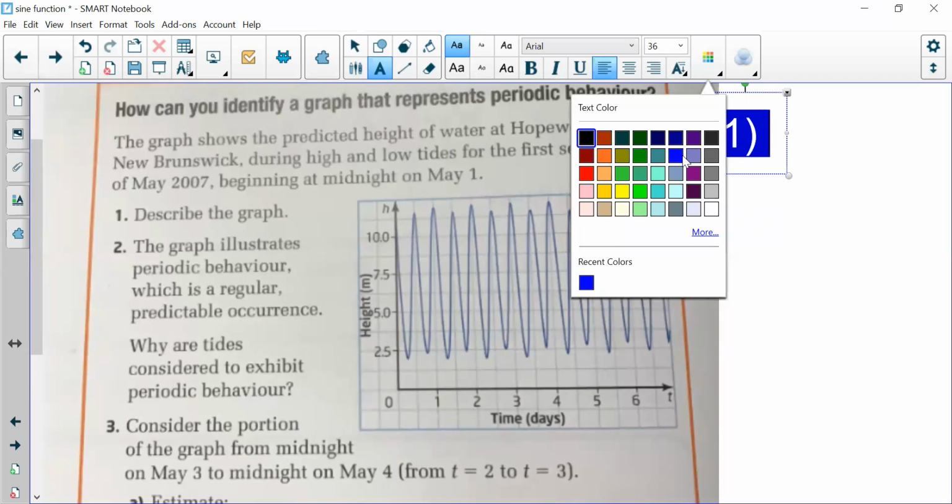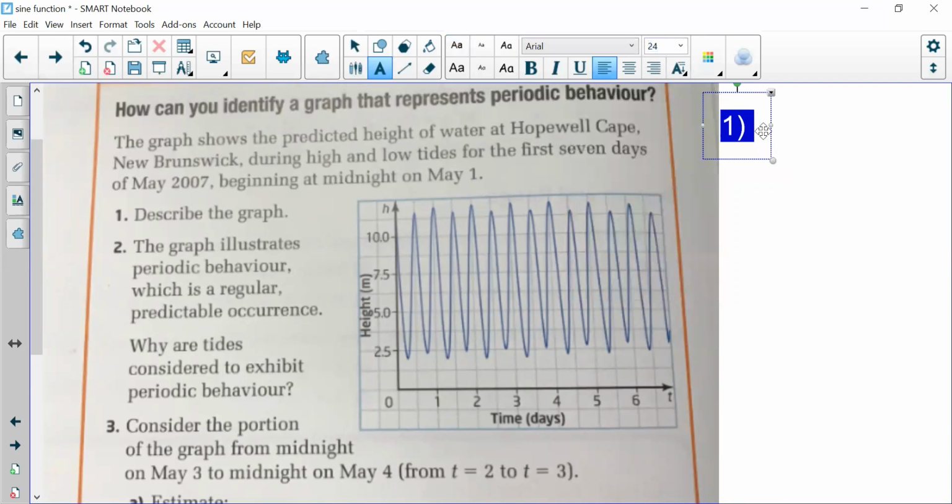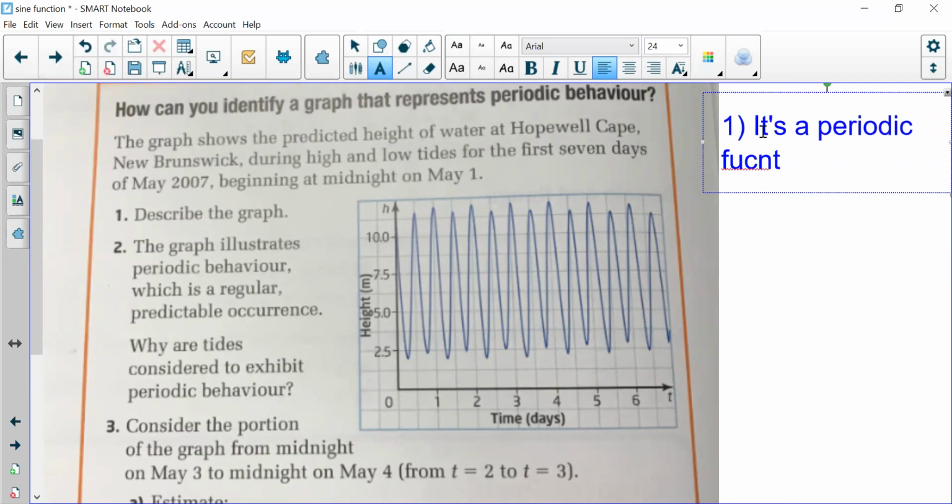It does have a repeating pattern. It consistently goes up and down. Okay, so all of you guys were adding some different things here. Yes, so it's a periodic function. I like, Madeline, that you brought in some previous knowledge. It is a function because it passes the vertical line test, and it's periodic because it has a consistent pattern.